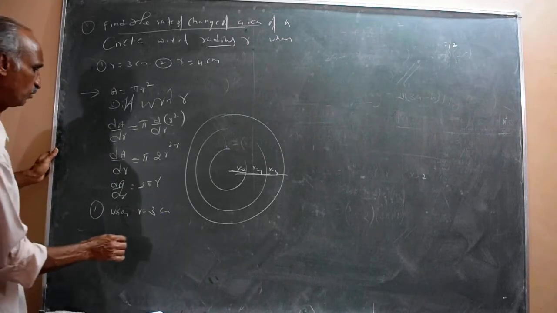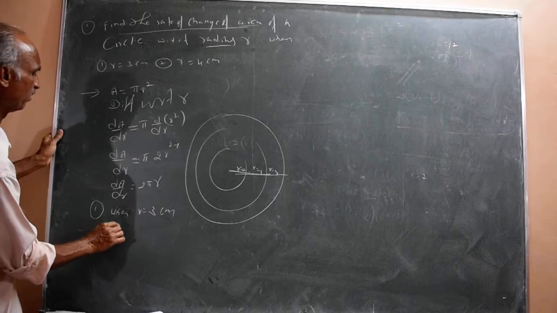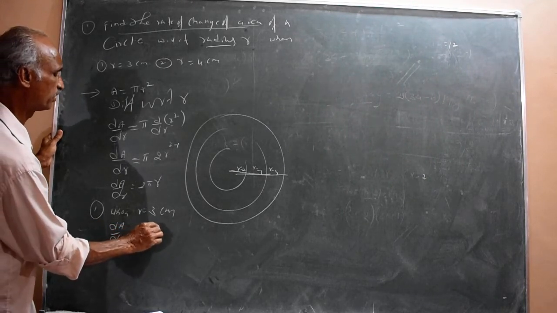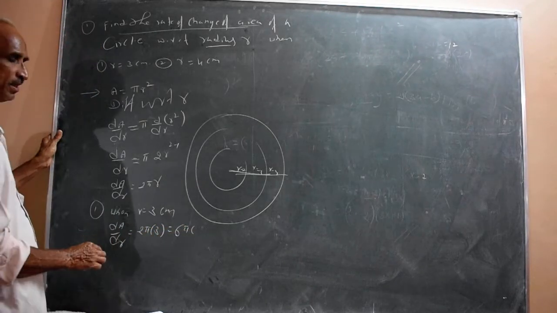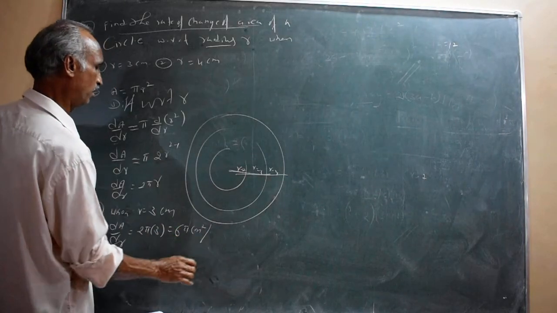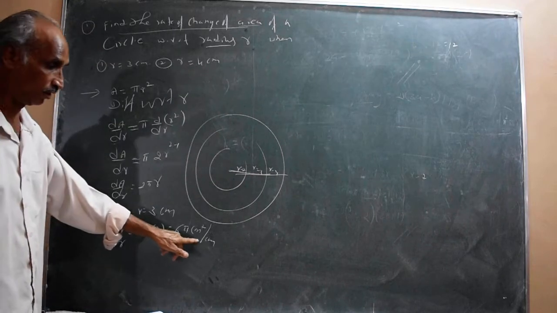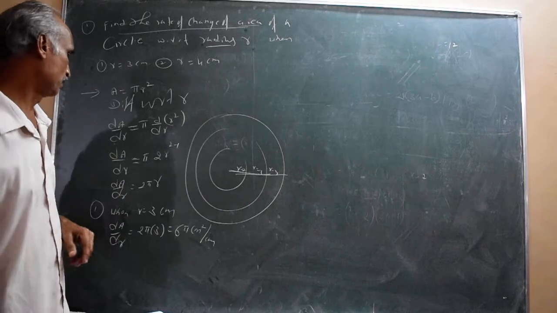So when R is equal to 3 centimeters, dA by dr is equal to 2 pi into 3, that is 6 pi. Area means centimeter square, no? Per centimeter. Why is it? Unit is important. If your unit is not written in this particular problem, then you lose 1 mark.